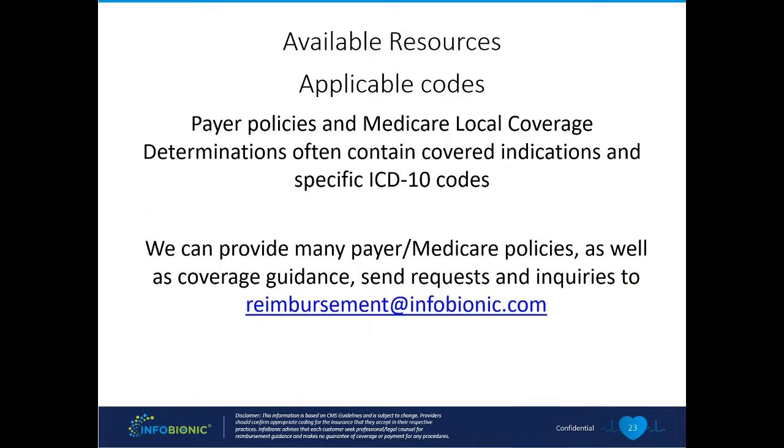Most often, specific information about coverage and applicable ICD codes can be found in medical policies and for Medicare and the local coverage determinations. For questions about specific payers or identifying your Medicare administrator's policy, please reach out to reimbursement@infobionic.com.